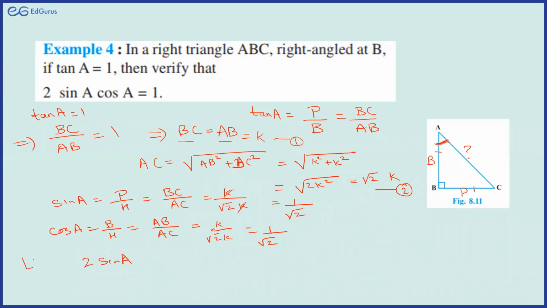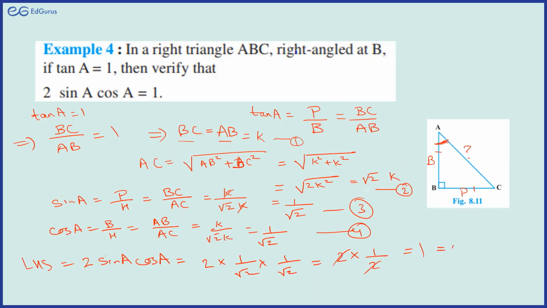So we will take left-hand side, twice of sine A cos A, it is 2 times 1 by root 2 into 1 by root 2. So you keep naming these things. This is number 3, number 4. From 3 and 4, we can substitute it, right? So this is nothing but 2 upon 2, so this is 1, which is our RHS. So we have verified, right?